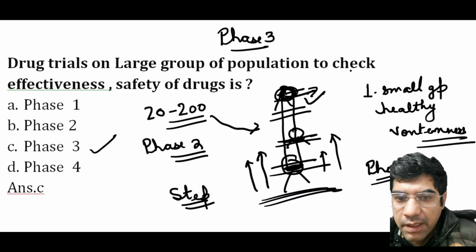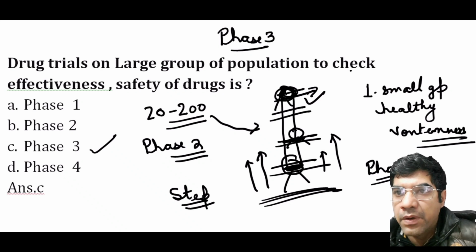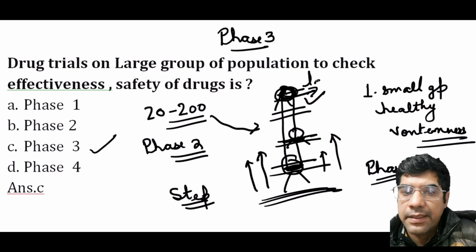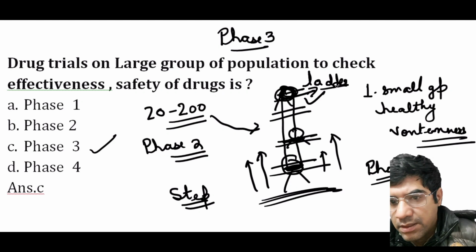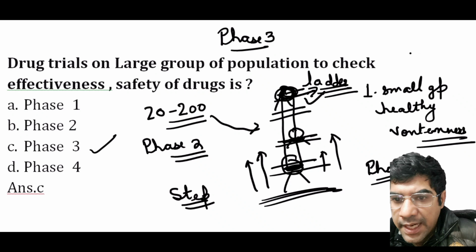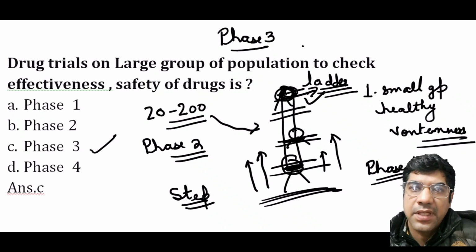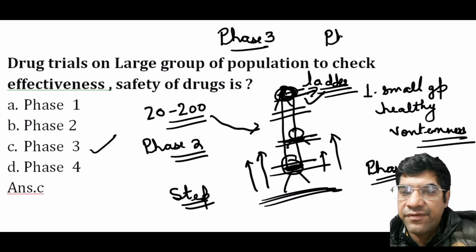If it proves safe and effective here, it's like reaching a higher step on the ladder. So it is similar to making sure the ladder works well for a wide range of people in different situations.